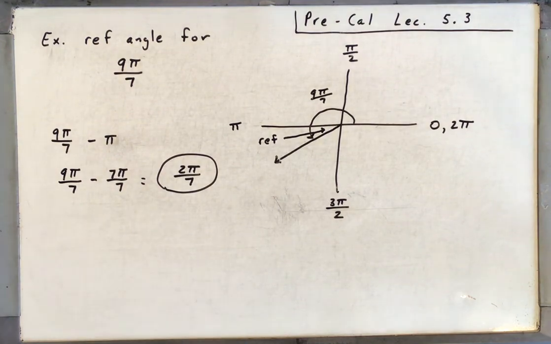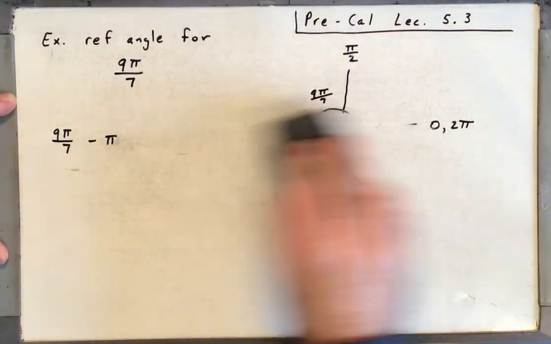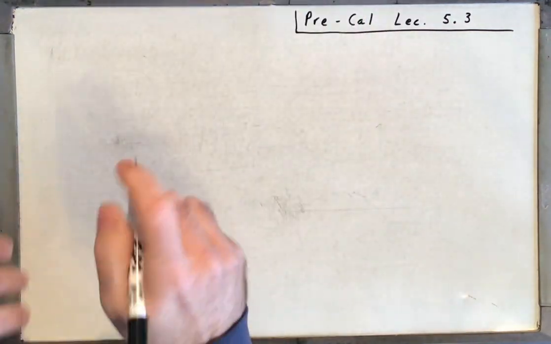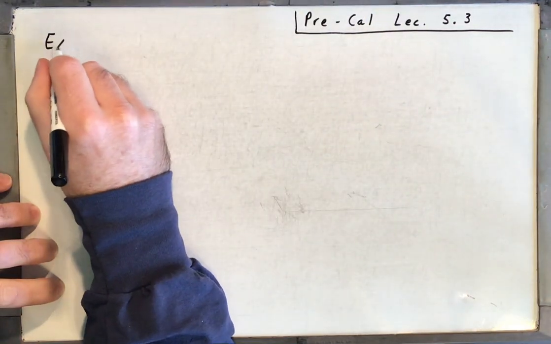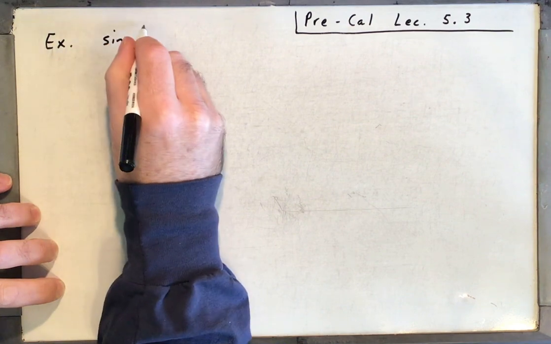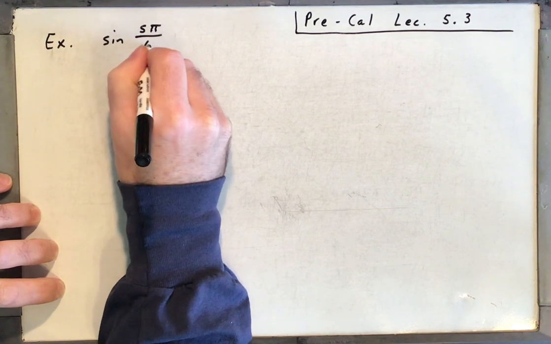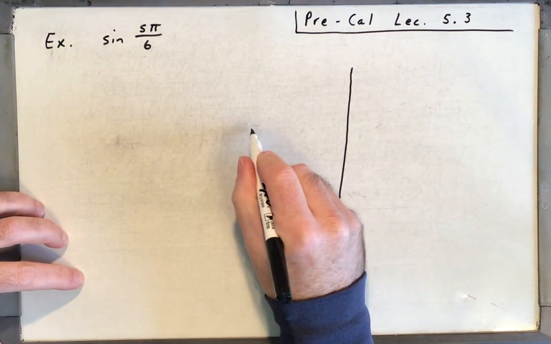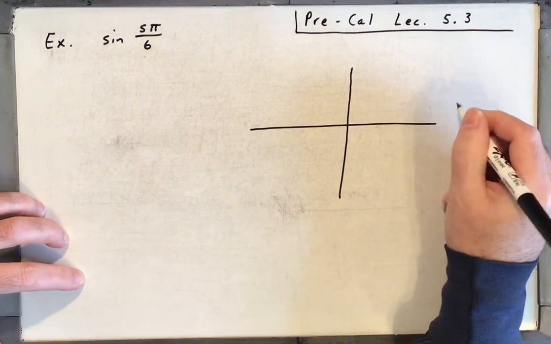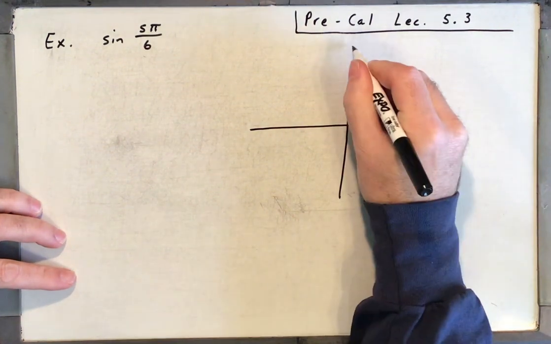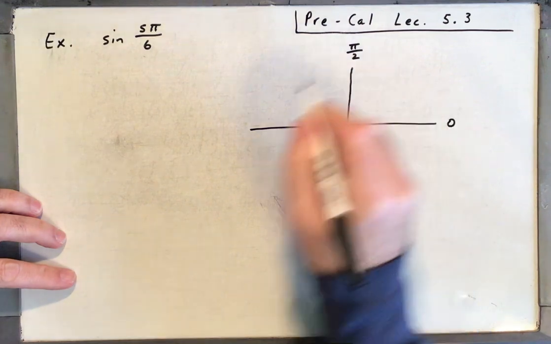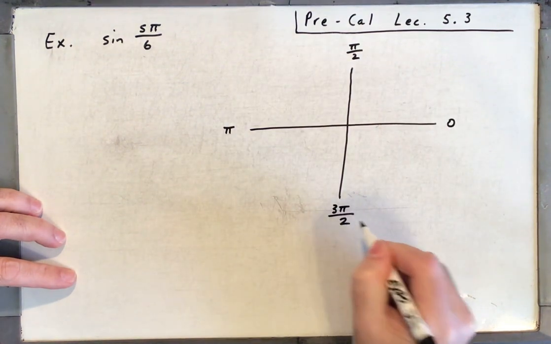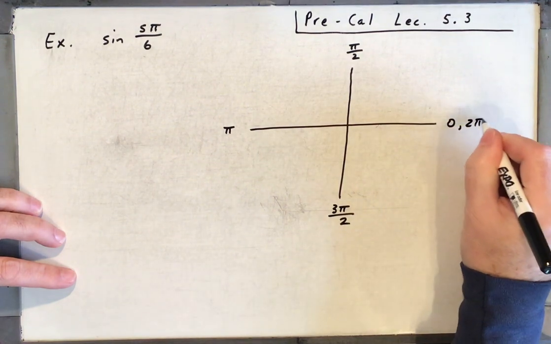Find the value of sine 5 pi over 6. Okay, so we're at 0 radians, pi over 2, pi radians, 3 pi over 2, and then back to 2 pi.